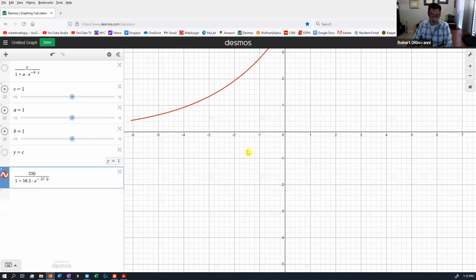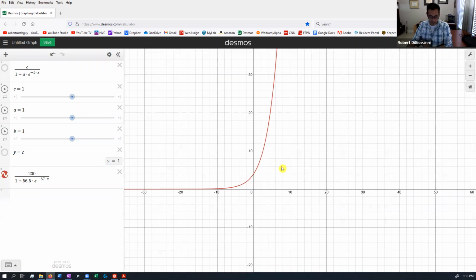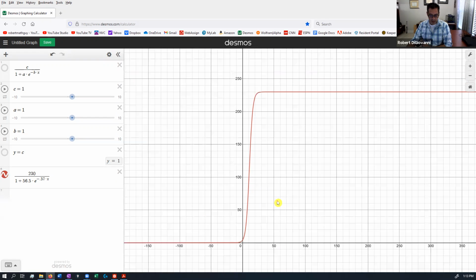Okay, here's our logistic model. So we should expect that carrying capacity to be 230. So I need to go way up on my y-axis to 230. That's where I'll see it peak off like this.